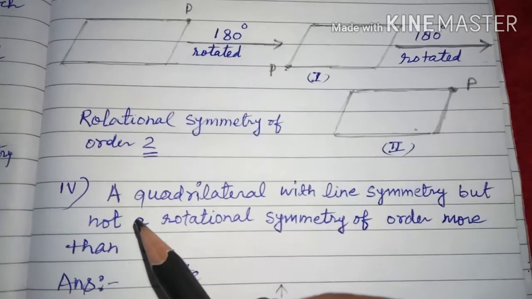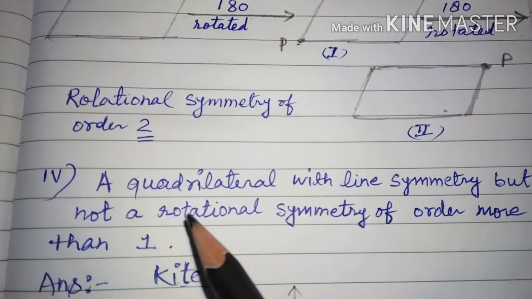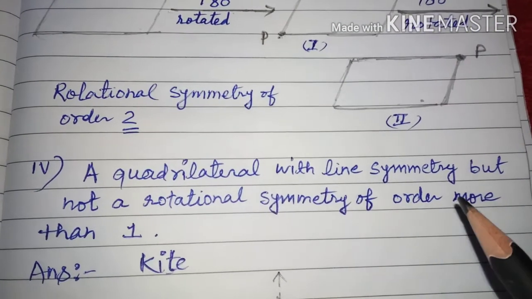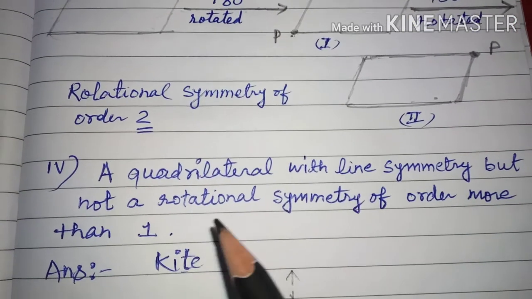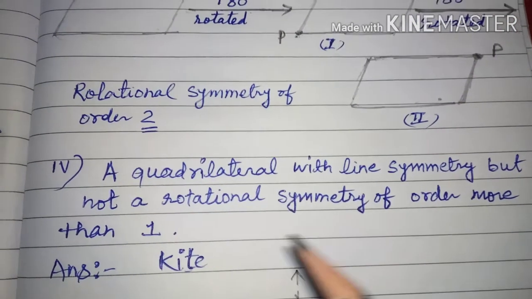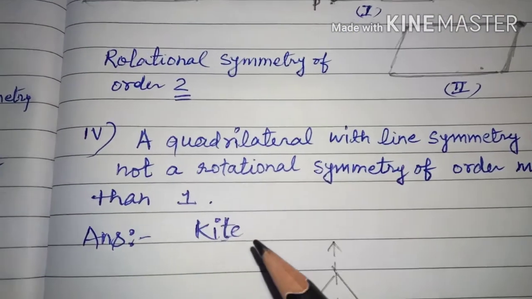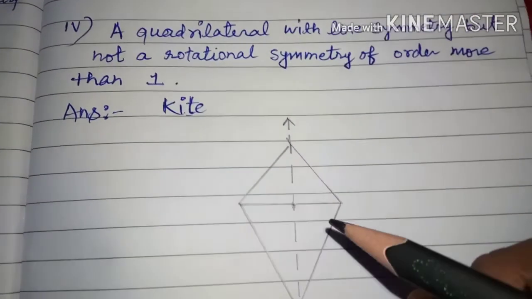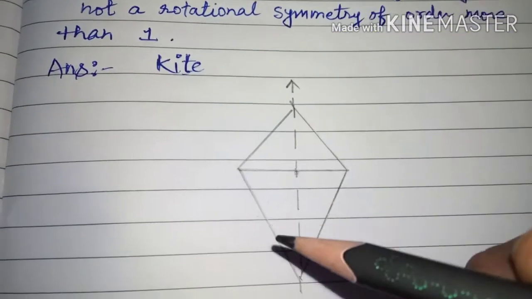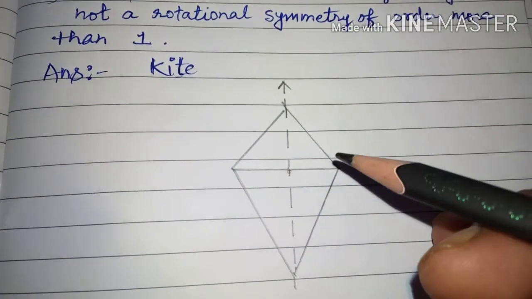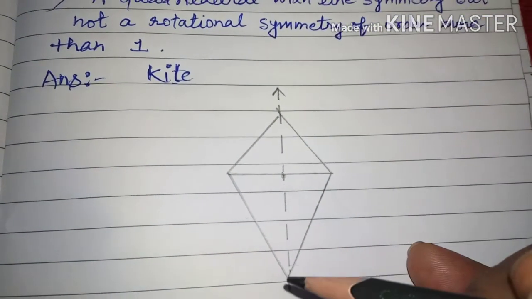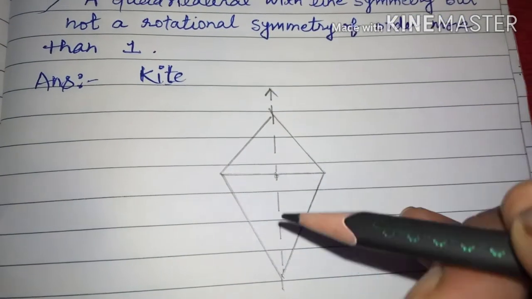Now the fourth one: a quadrilateral with line symmetry but not a rotational symmetry of order more than 1. So that quadrilateral is the kite. A kite is also a quadrilateral. So here we can see this is the kite, and this is the line of symmetry.